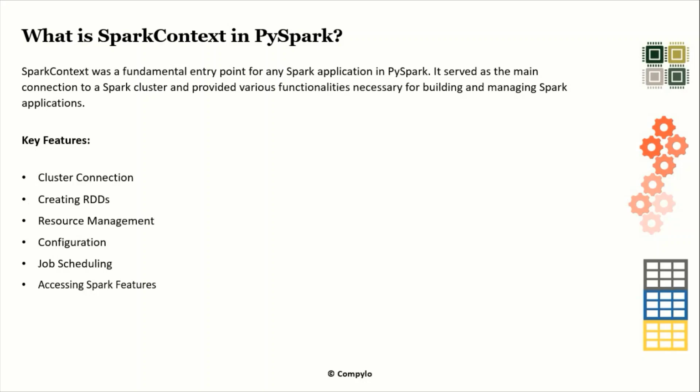Also, SparkContext handles the scheduling of jobs and tasks across the nodes in the cluster, ensuring efficient execution of our data processing tasks. And finally, through SparkContext, we can access other components of the Spark ecosystem, such as SQL context for working with structured data, streaming context for streaming processing, and Hive context for interacting with Hive.